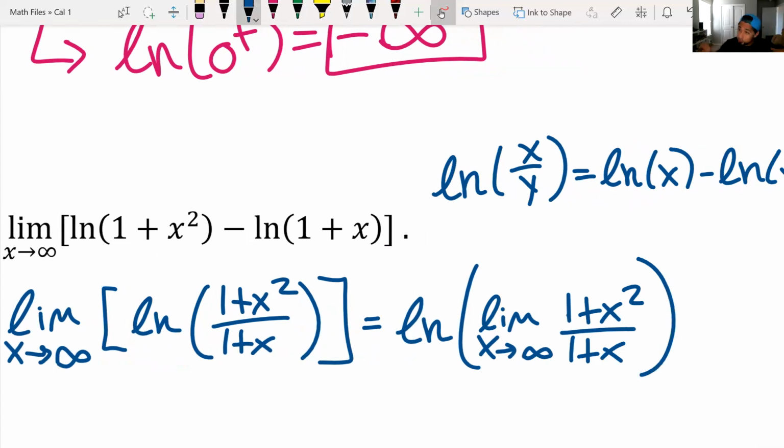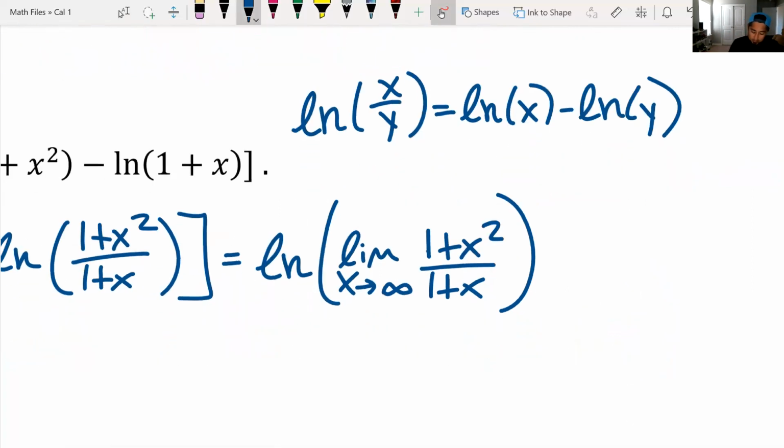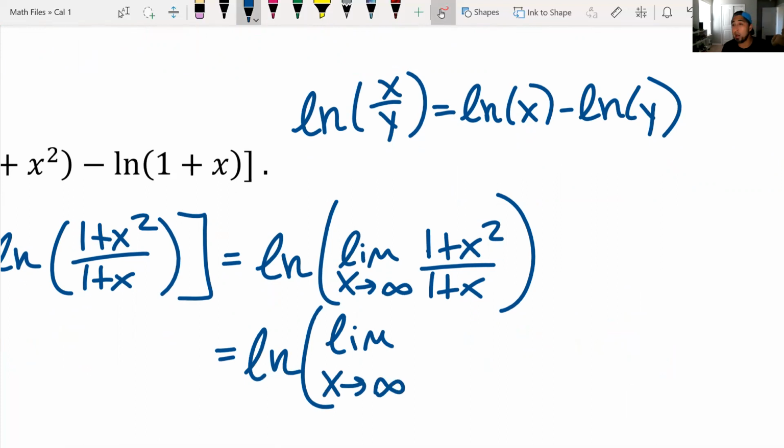And now all our rules are mashing together because since this is a limit at infinity, we can now apply the power trick inside this natural log that contains the limit. Oh, everything just comes together, right? So we look inside and we see that in the denominator, the highest power happens to be x to the first. So we will divide everything by x.